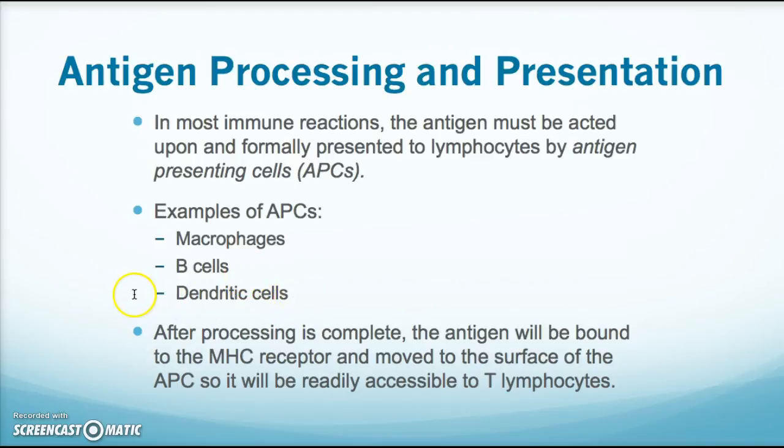These have the ability to break down a particular antigen or molecule and present that antigen on the MHC receptor on the cell. The antigen will be bound to the MHC receptor and move to the surface, and that way T lymphocytes can recognize it as it's presented to them.